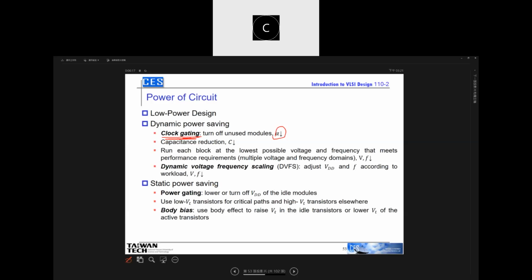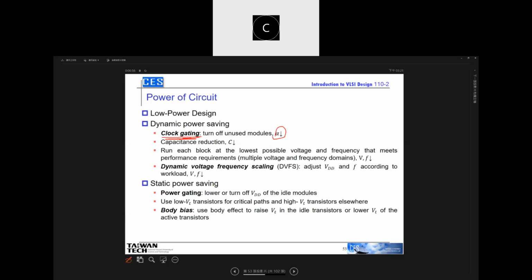if a certain flip-flop is not used, it's not necessary to feed the clock to that flip-flop, right? So with clock gating, we can have a gate in front of a flip-flop, and if the flip-flop is used, then the clock signal is passed through this gate, so we can trigger the flip-flop.